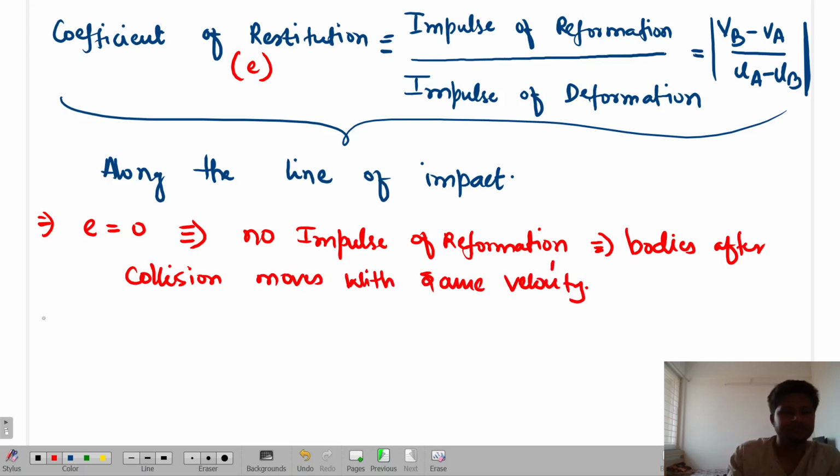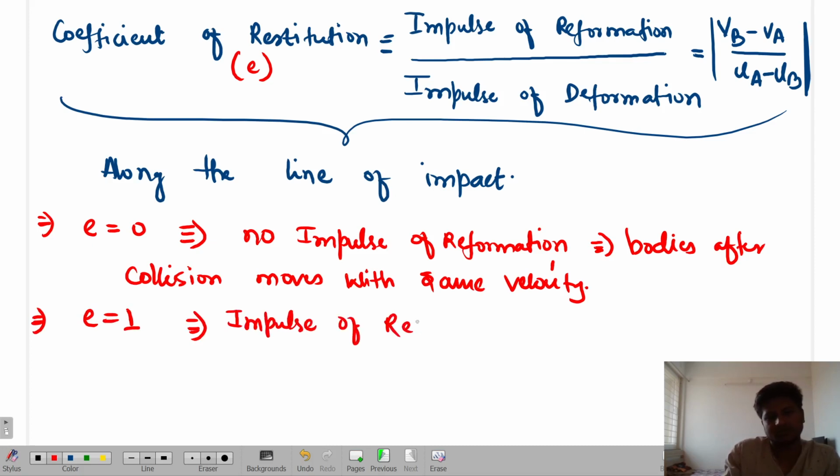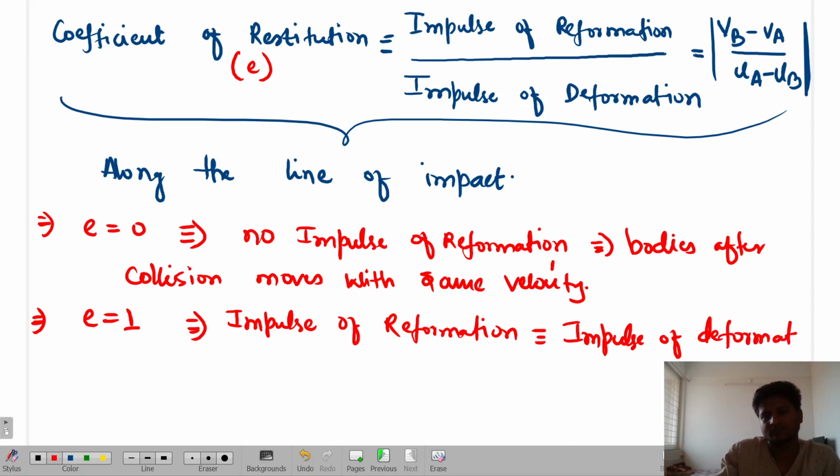Second point, E is equal to 1 implies impulse of reformation is exactly equal to impulse of deformation. And this implies that bodies after collision get fully recovered.